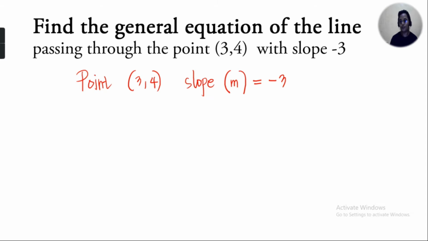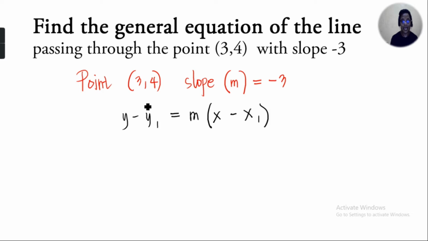So, meron tayong way on how we're going to find the equation of the line using a point and slope. So, we are going to use the equation y minus y sub 1 is equal to m times the quantity of x minus x sub 1.